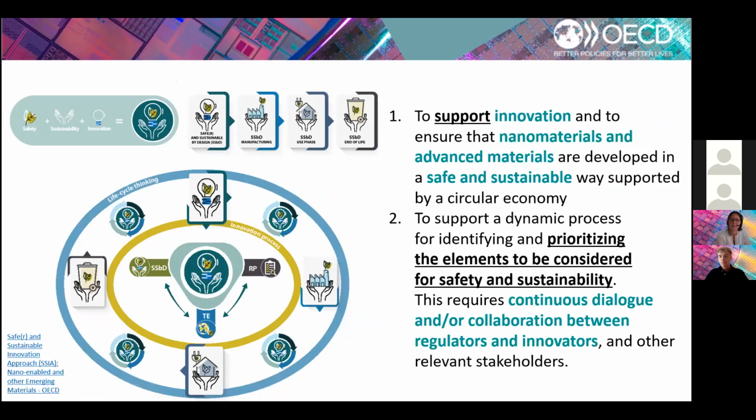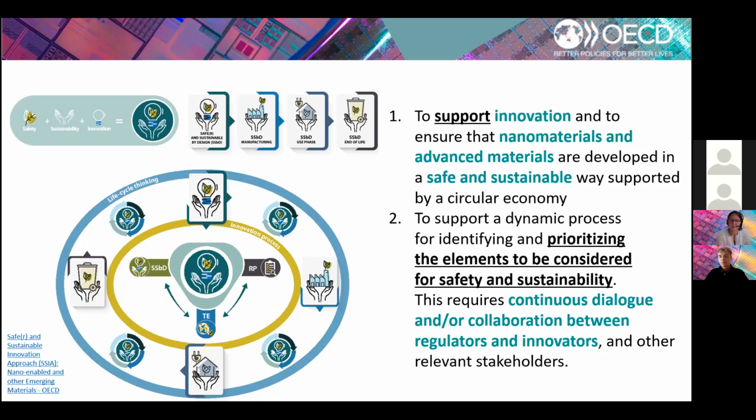So this is another figure on the SIA approach, really trying to support the innovation, and also include in this the safety and the sustainability from an early stage onward. And doing this also by prioritizing the elements to be considered for safety and sustainability, not only an eye for the content, but also an eye for the process, by having this continuous dialogue and a trusted environment between regulators and innovators, and also with other relevant stakeholders.